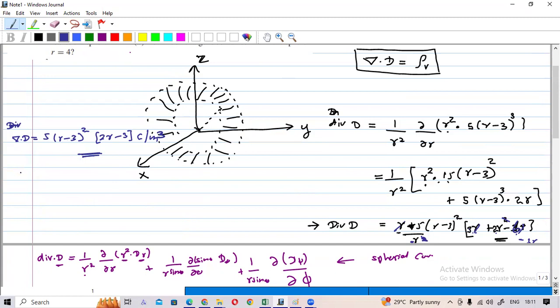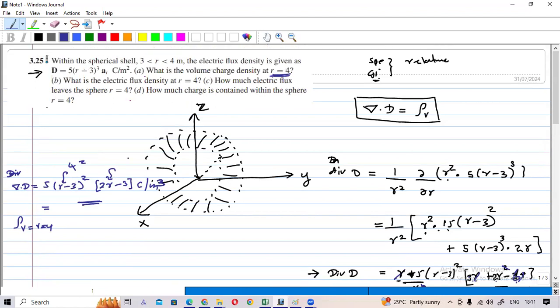If you want to find the volume charge density at r is equal to 4, you can apply r is equal to 4 here. Substitute the r value here, then you can find the charge density.